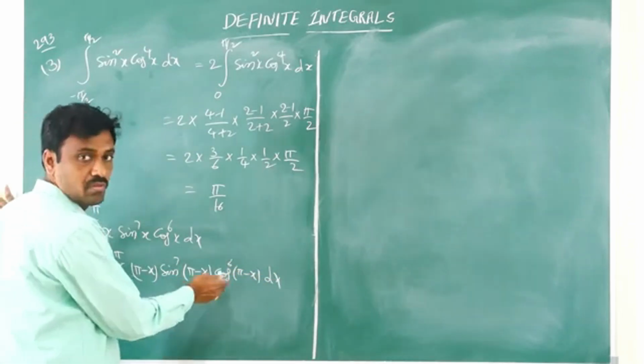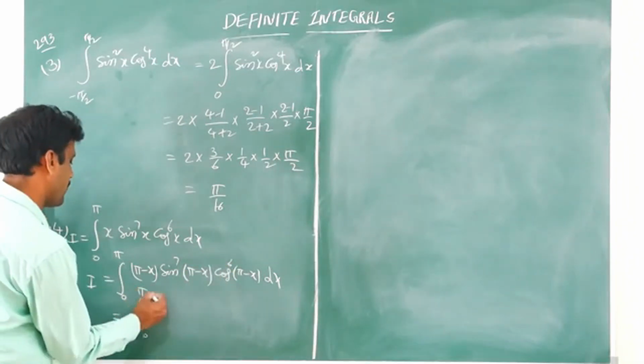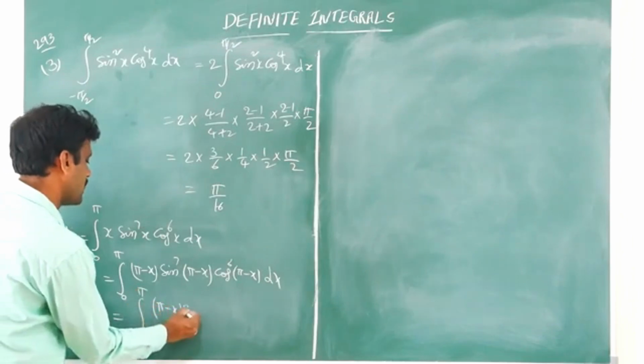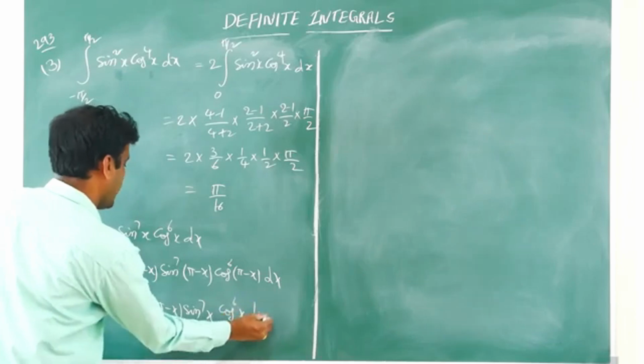Sin of pi minus x is positive, cos of pi minus x with power even is positive. Therefore, integral 0 to pi of (pi minus x) sin power 7x cos power 6x dx.